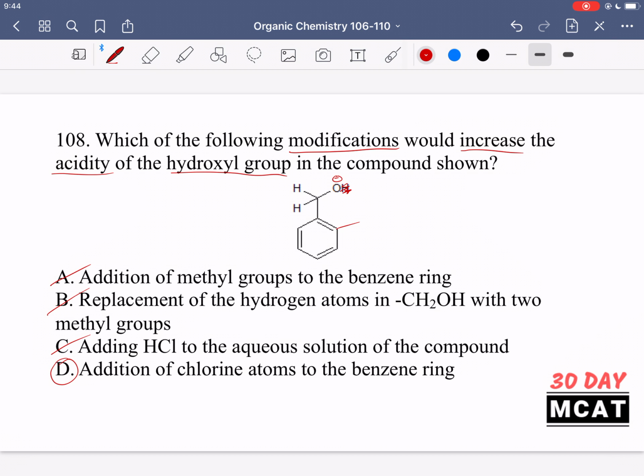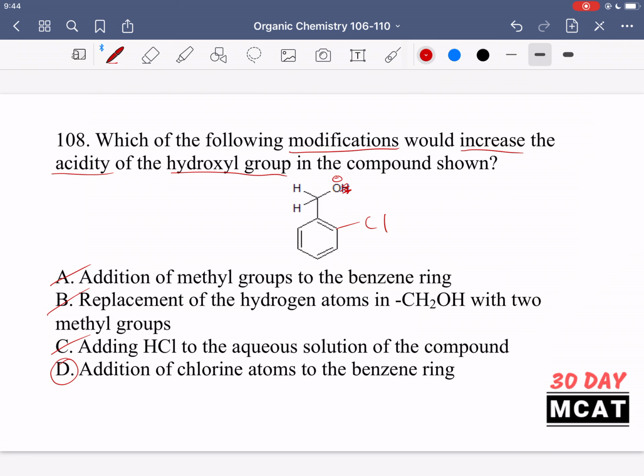If we added chlorine atoms to the benzene ring, for example, if we added one here, you can add it anywhere. The point is, this is something which has electron density that it can take away. If we're talking about the inductive effect, it's an electron withdrawing molecule. When you learn about aromatic systems and the benzene attacking, then chloride, yes, you would learn as an electron donating group, but try not to get confused with that.